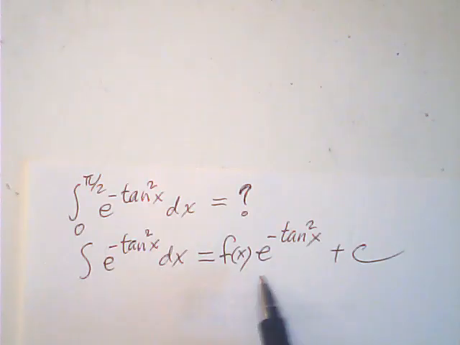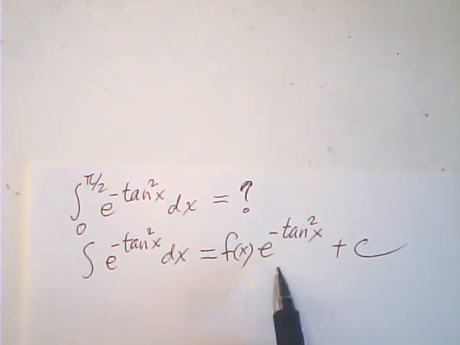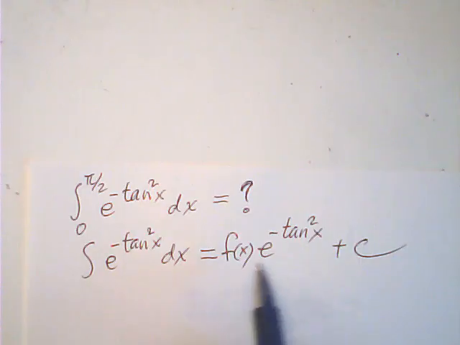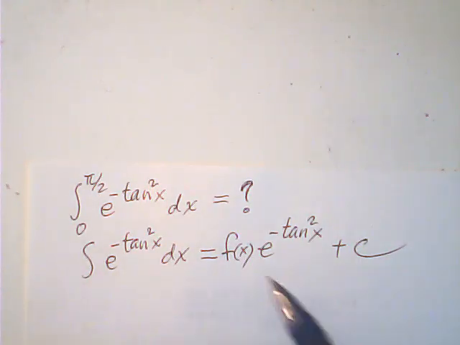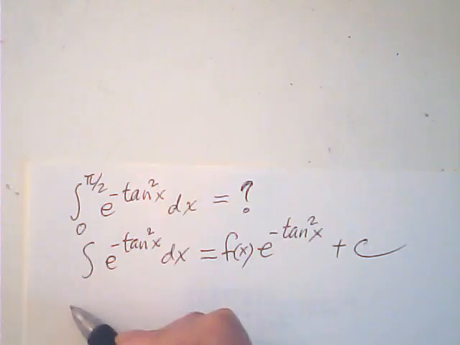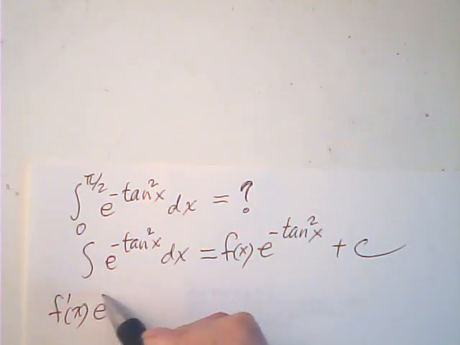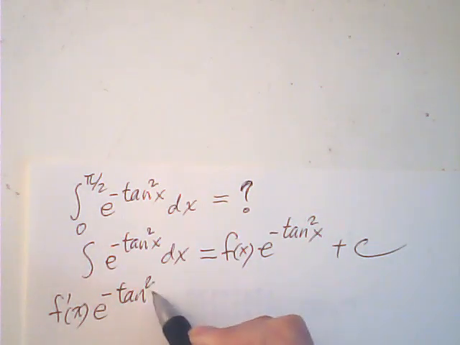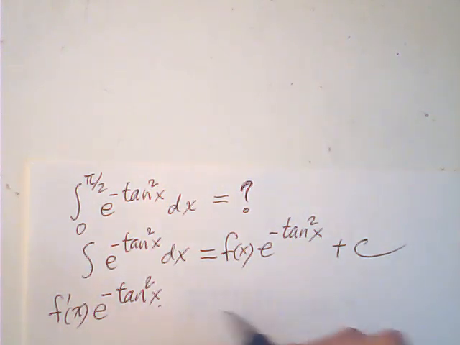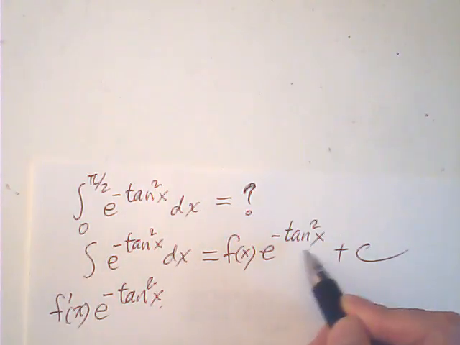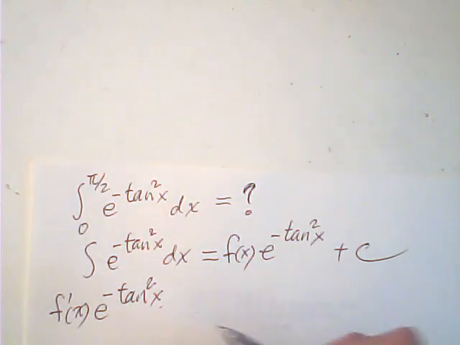Now, here, if I differentiate both sides with respect to x, the right-hand side derivative with respect to x will be f prime of x times e to the negative tangent square x, plus the derivative of this times that, which is called the product rule.